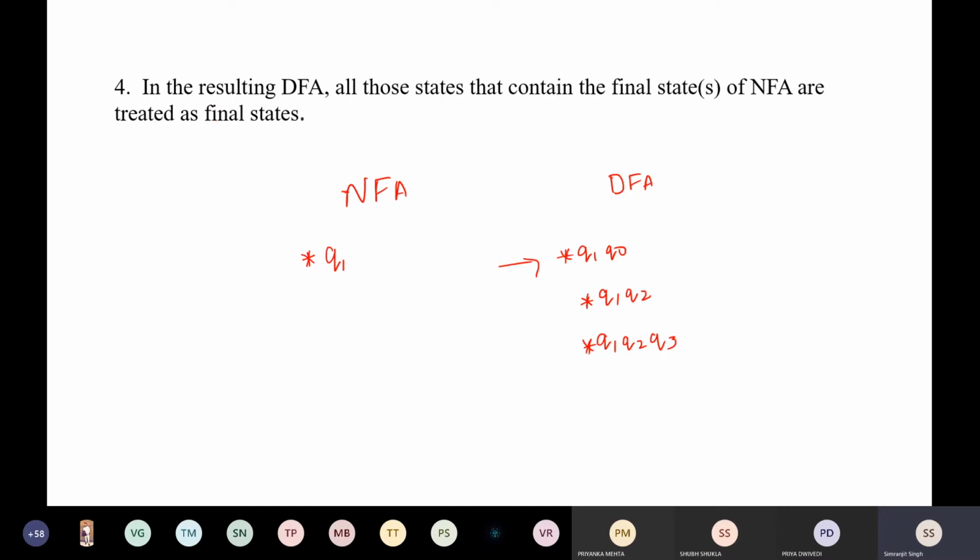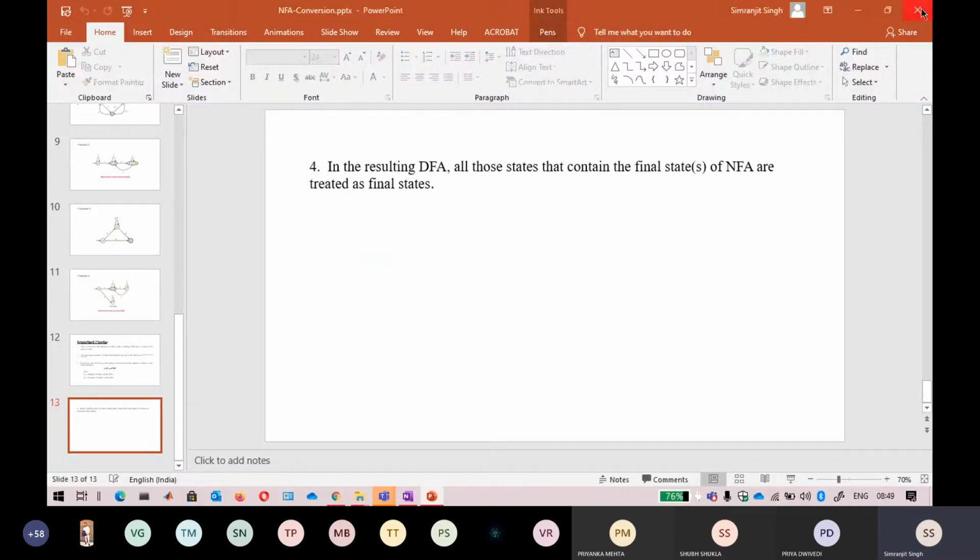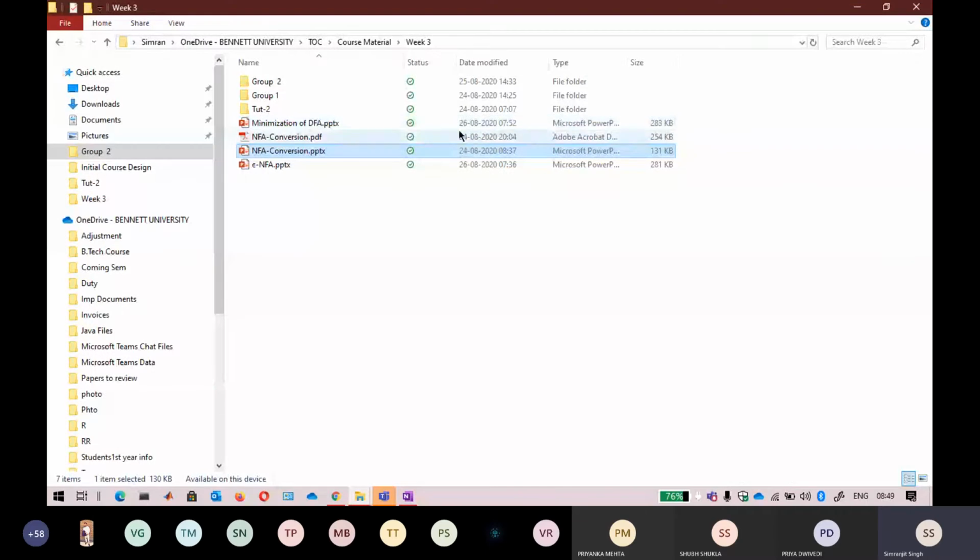So to understand this topic, now I will talk about something called minimization of a DFA.